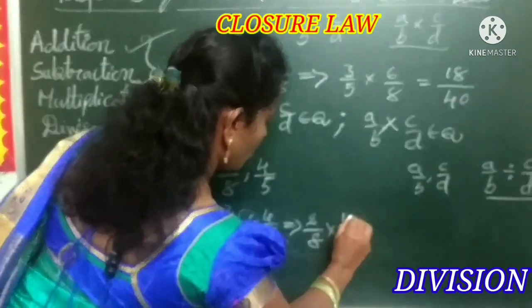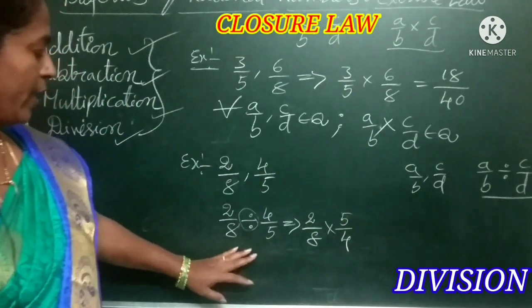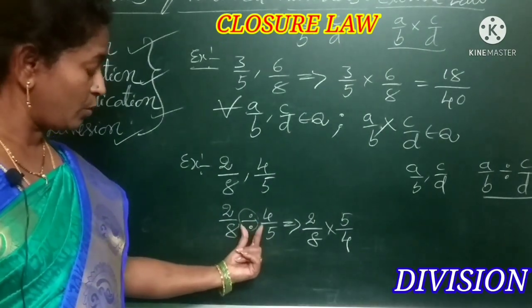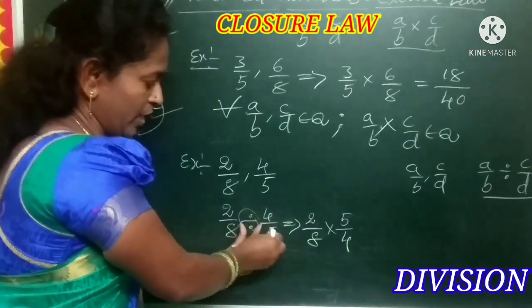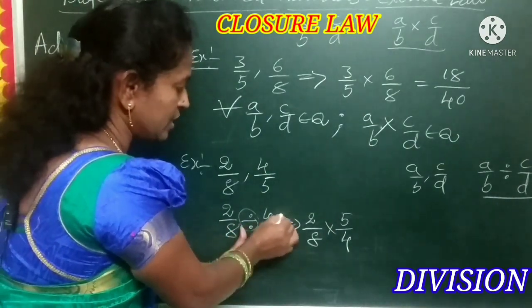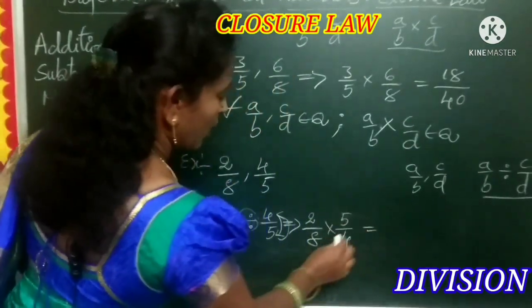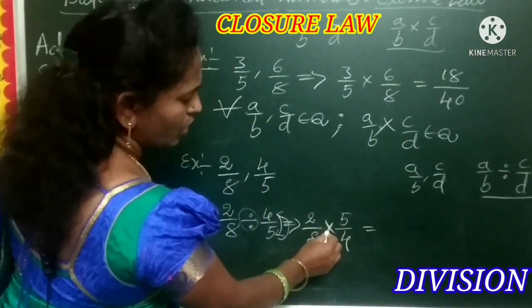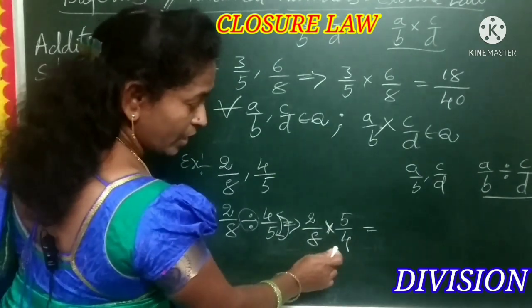So 2 by 8 multiplied by 5 by 4. Again, when you are doing division, the division sign is converted into a multiplication sign and the fraction is reciprocal. Now multiplication means we multiply the numerators and multiply the denominators.